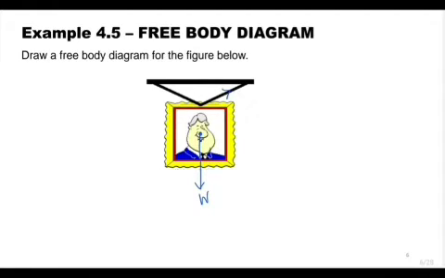Let's label tension at the right as T1 and tension at the left as T2. For free body diagram, we will combine all forces in one point. It will be weight, tension 1, and tension 2.